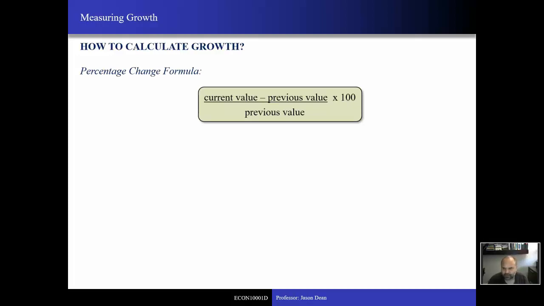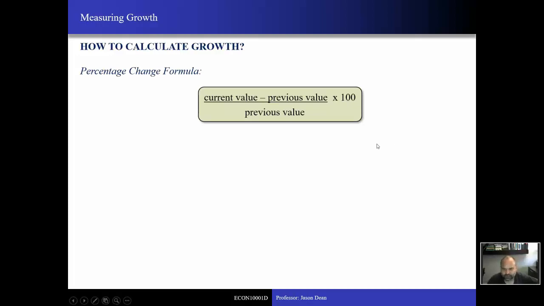Well, we take the current value, which is the 3, minus the 2, which was yesterday's value. That gives us 1, and then we divide it by yesterday's value, which was 2, and we get 1/2. 1/2 times 100 would give us 50, so it's 50%. So something increasing from 2 to 3, that's a 50% increase.